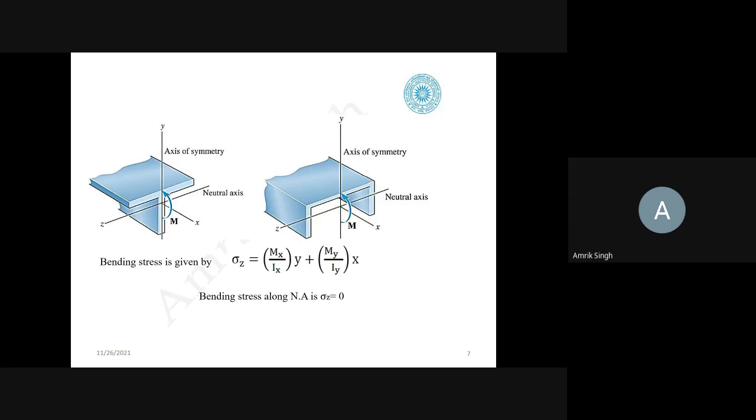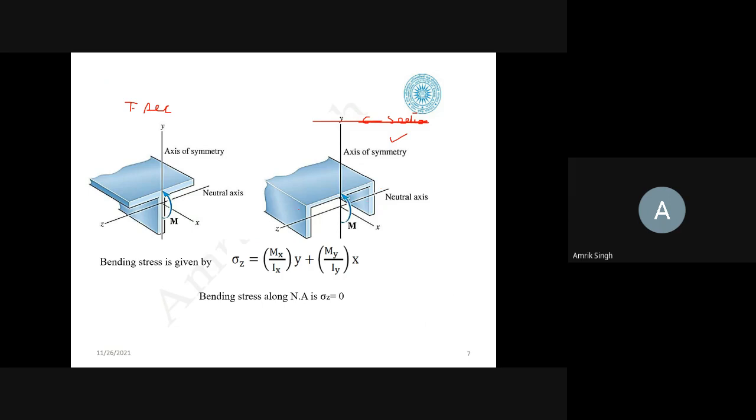So you see we consider two sections here which are symmetrical sections. So this is a T section. It is symmetrical about one axis, and this is a channel section or C section. In the T section, this is the axis of symmetry because the area on this side is equal to the area on this side.